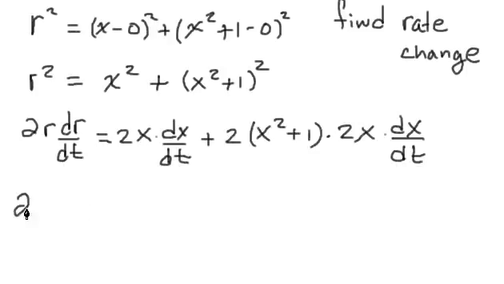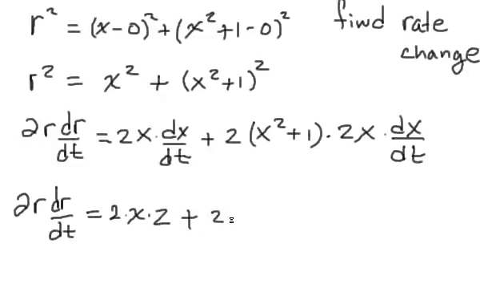So we have 2 times r times dr over dt is equal to 2 times x times 2 plus 2 times x squared plus 1 times 2 times x times 2, substituting the dx over dt in for 2.